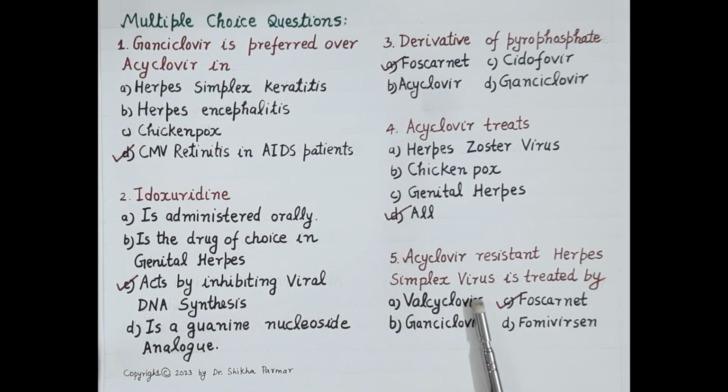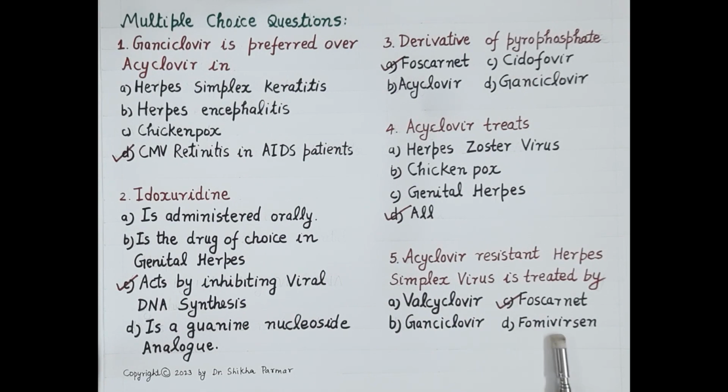Option D. Then Acyclovir resistant herpes simplex. Here we should know the drug that treats Acyclovir resistant herpes simplex virus infections. So the options are Valacyclovir, no. Ganciclovir, no. Foscarnet, yes. Foscarnet is used for the treatment of Acyclovir resistant herpes simplex virus infections.